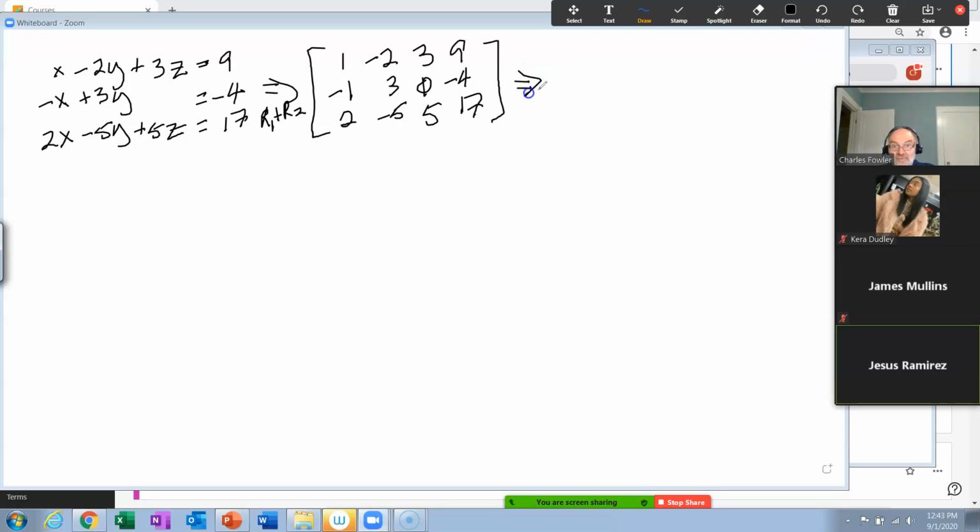That's going to be fairly simple to do. So we'll write down row 1, 1, negative 2, 3, 9. Add the 2 rows together, you get a 0 there. You get a 1 there, I'm liking this. You get a 3 there, and you get a 5 here.